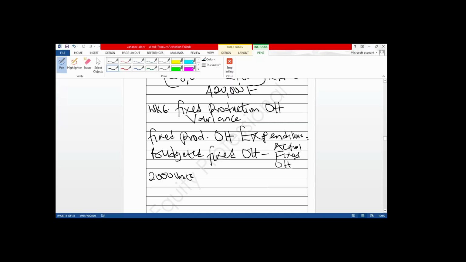Now, 300 naira is the standard fixed overhead cost per unit. Multiply by 300, minus actual fixed overhead cost, 360,000.